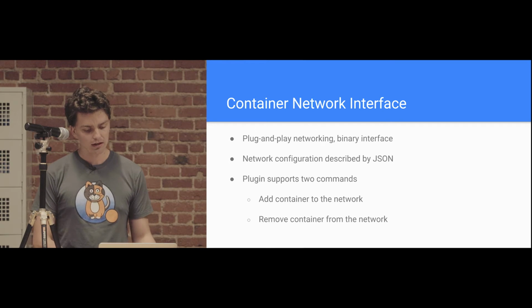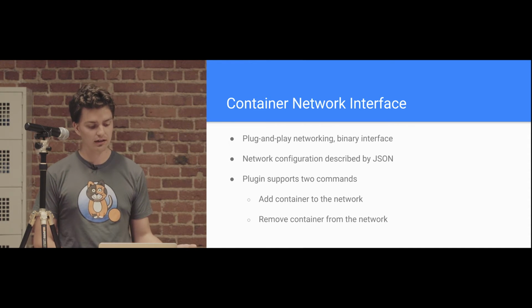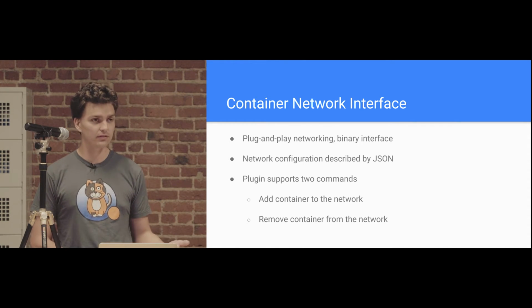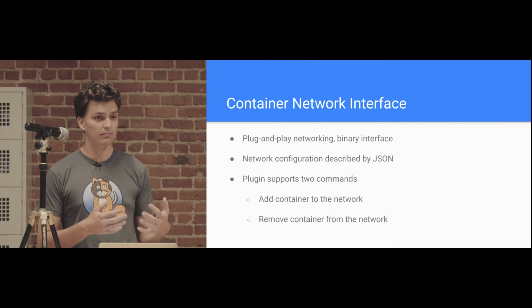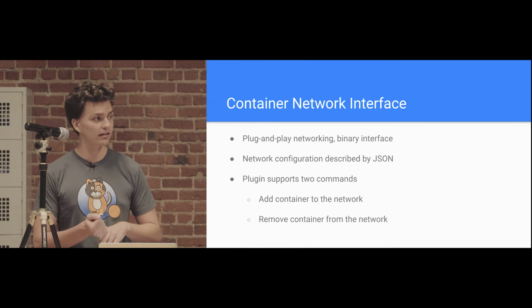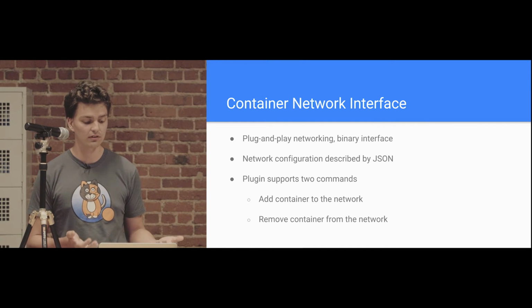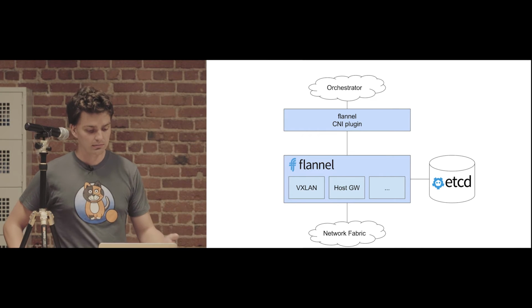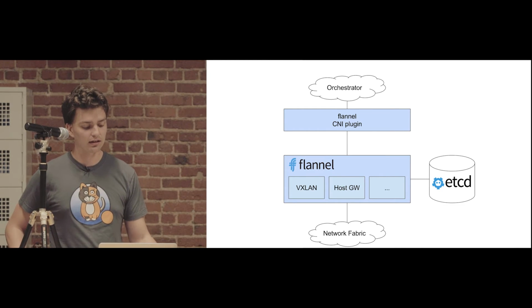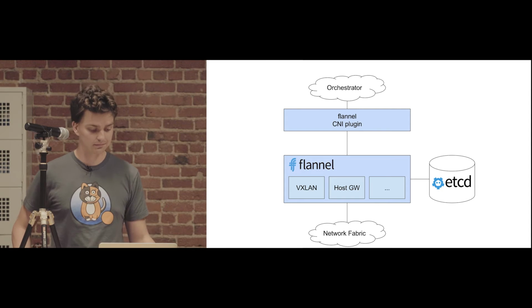And it's really quite a simple interface. It uses network configuration that's defined in JSON, and all you really need to do is implement two commands, either add a container to a network or remove a container from a network. I mention this because, like I said, Canal, Flannel, and Calico all use this.